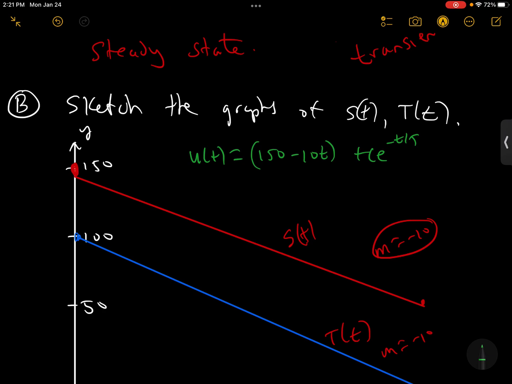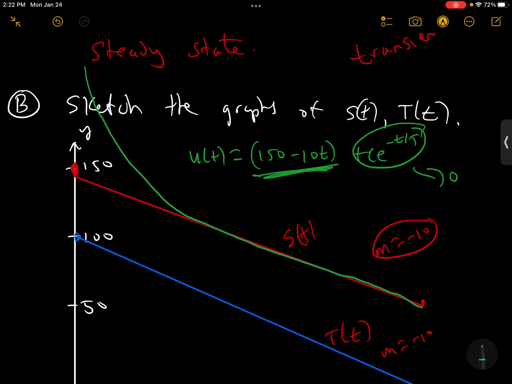So at the beginning, it's going to be pretty high, but this guy goes to 0, so eventually it's going to be asymptotic to S, right? Because this guy goes to 0 and all that's left is this piece. So my guess is it's going to come down like this and just level out along the asymptote there. Something like that. It's just for fun, trying to think about what's going on.